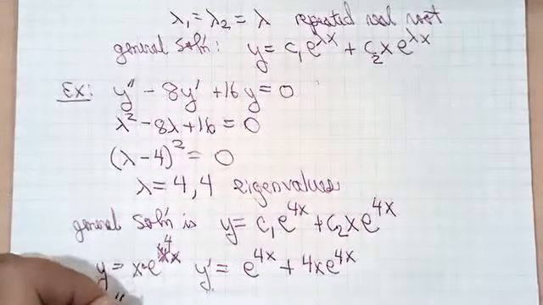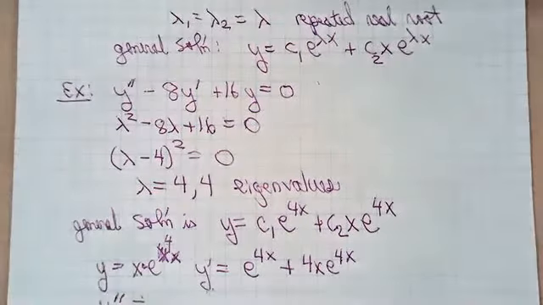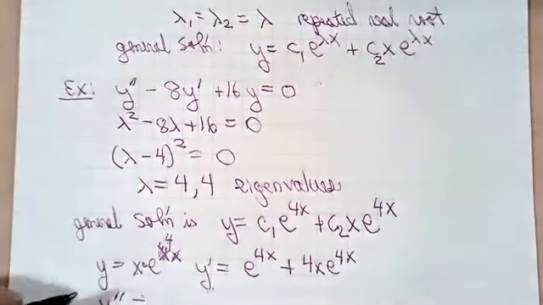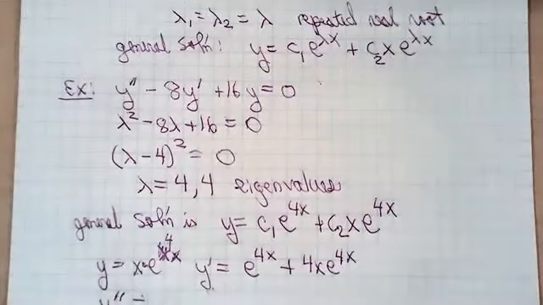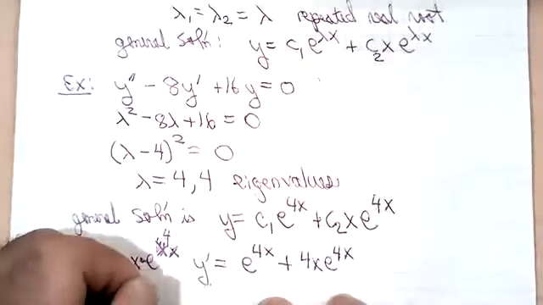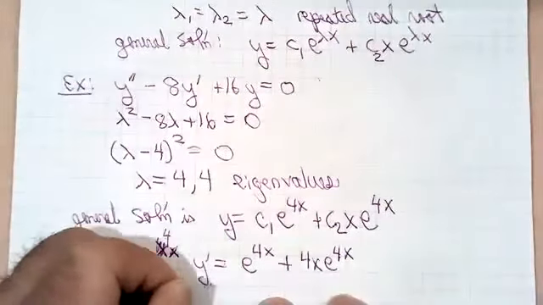And the second derivative will be even messier. Okay, taking the derivative of e to the 4x, I get 4 e to the 4x.